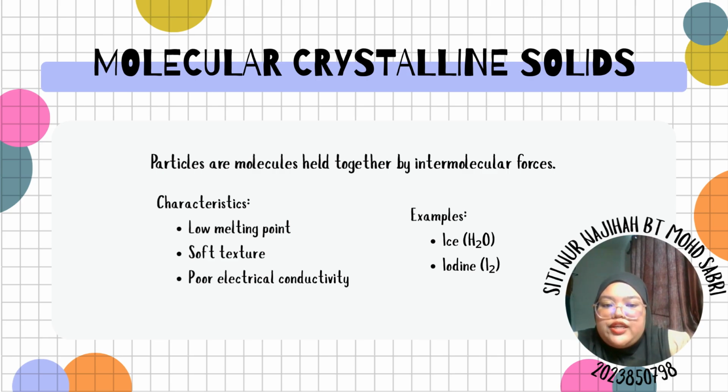Examples of molecular crystalline solids include ice, or H2O, where water molecules are held together by hydrogen bonding. Next, we have iodine, I2, where molecules are held together by London dispersion forces. Overall, molecular crystalline solids are known for being soft, easy to melt, and poor conductors due to their weak intermolecular interactions.